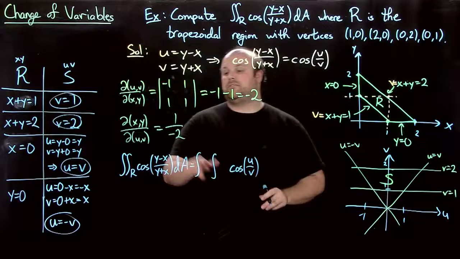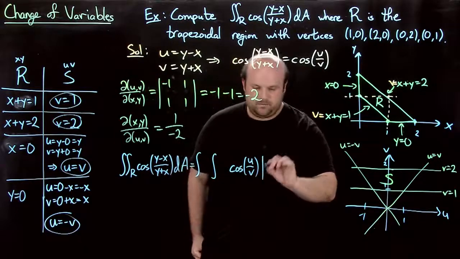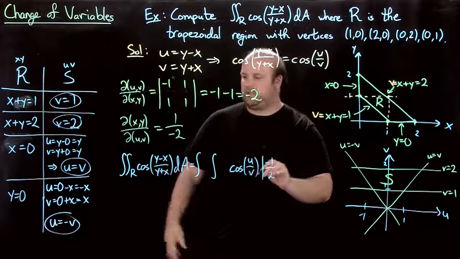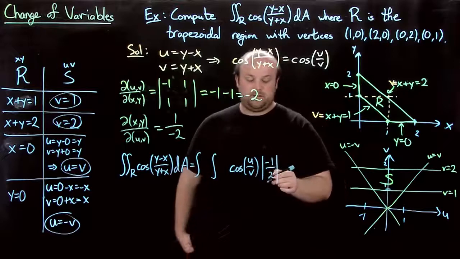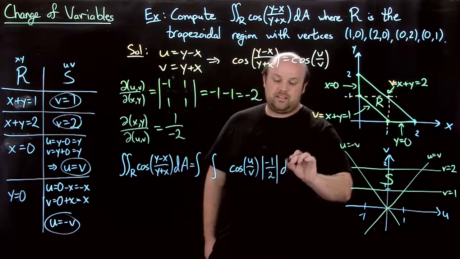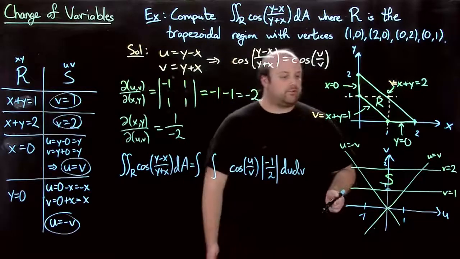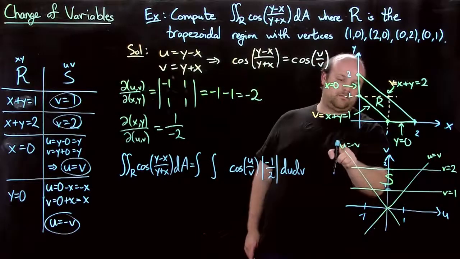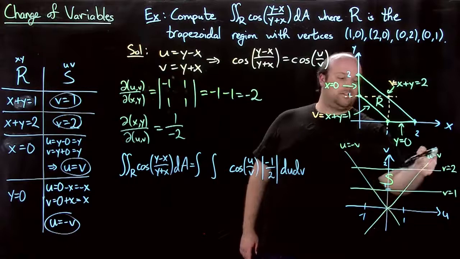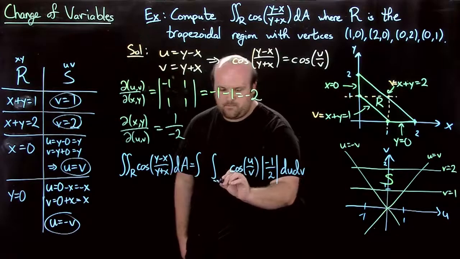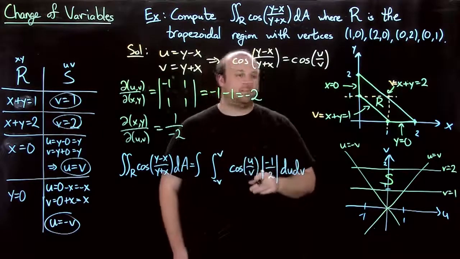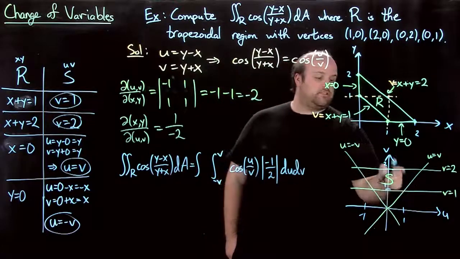So we have to take the absolute value of the Jacobian. I'll just put the minus on top, and then du dv. Now what are we integrating from? Well, u equals negative v to u equals v. Simple. And then v goes from 1 to 2.